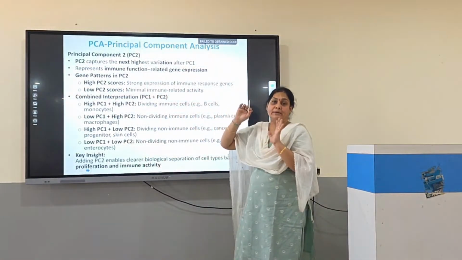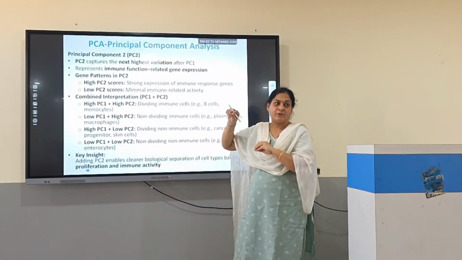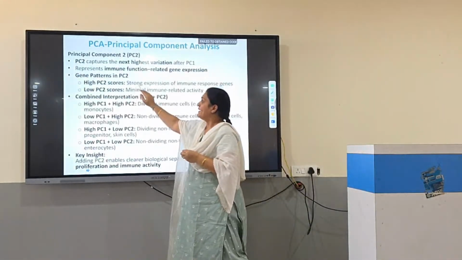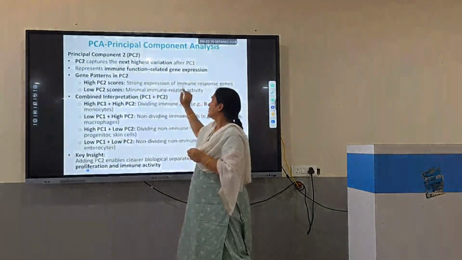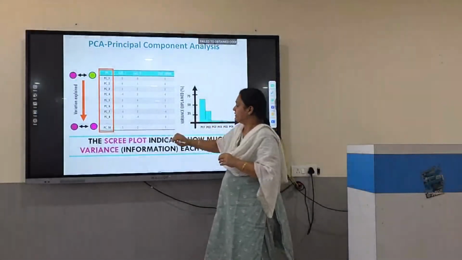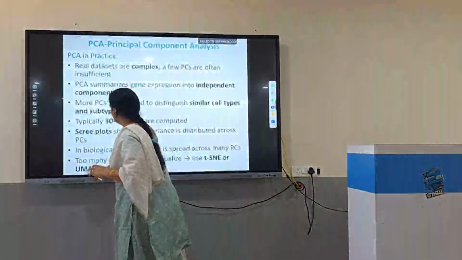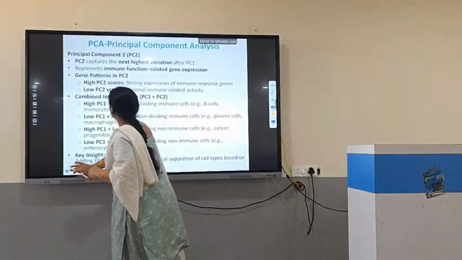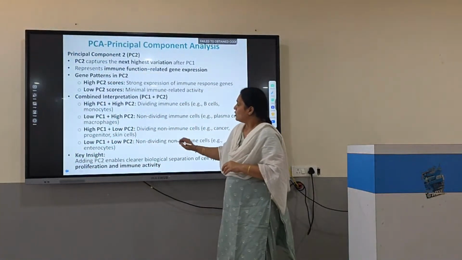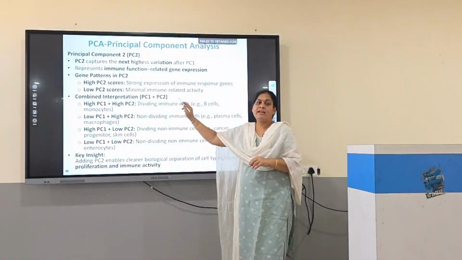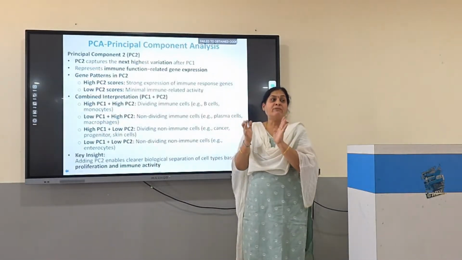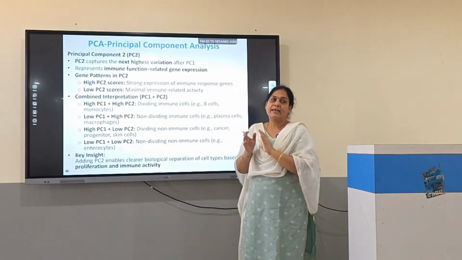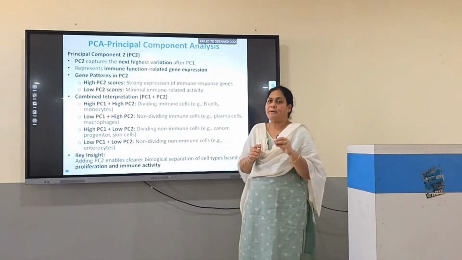Some aspect of genes it is capturing, which was not captured by PC1. The highest PC2 scores are given to immune response. So combining both PC1 and PC2, the maximum variation in the data is captured.